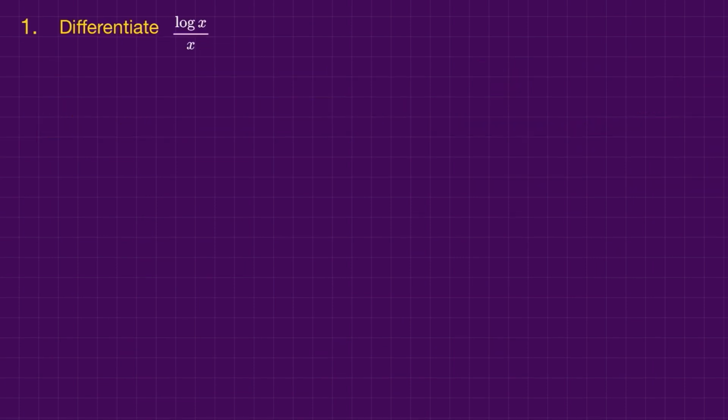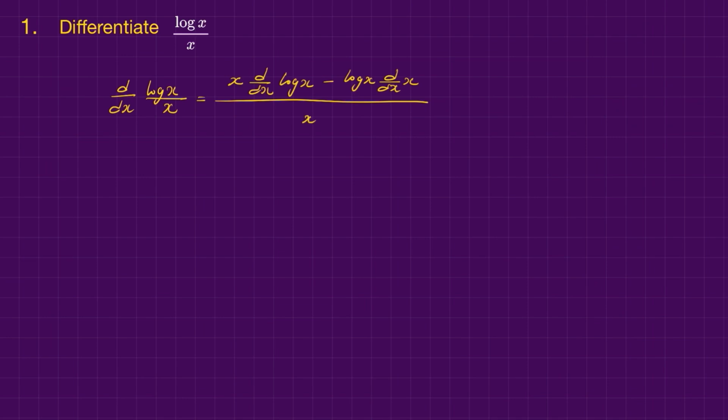Okay, here the question is to differentiate log x over x. So let us differentiate this function, d/dx of log x over x. Using the quotient rule, I have to write the denominator first, then d/dx of the numerator, minus the numerator times d/dx of the denominator, whole divided by the denominator square.